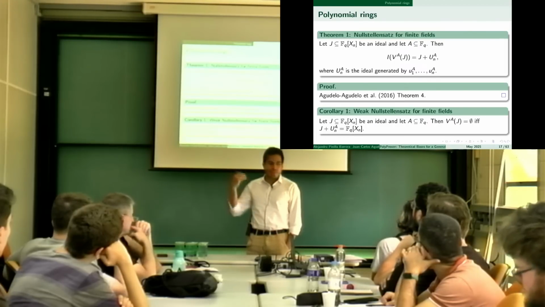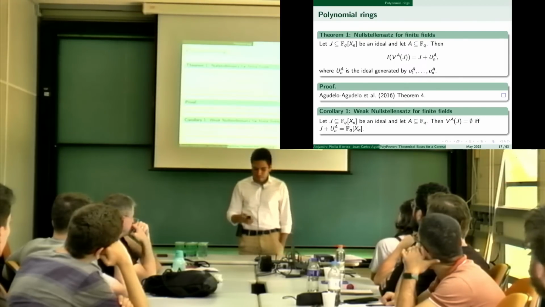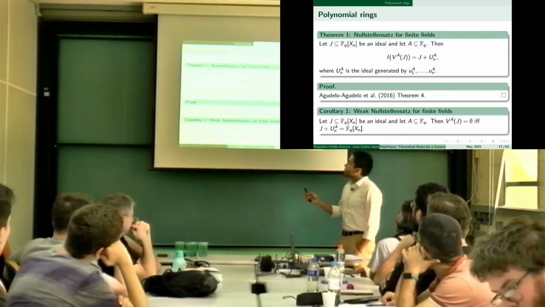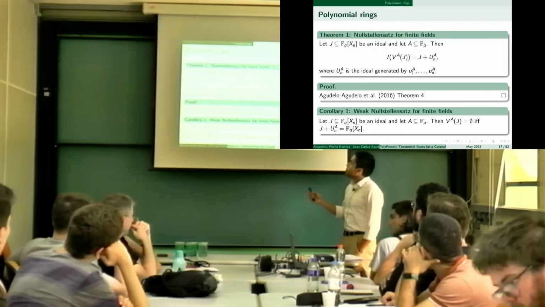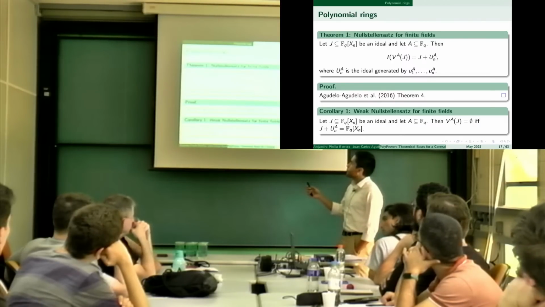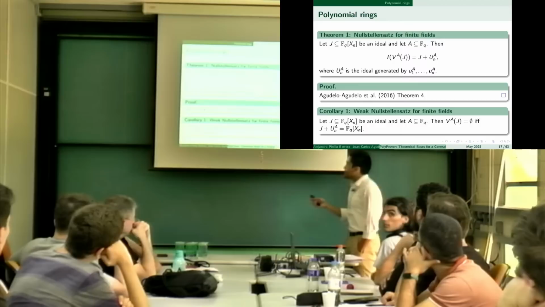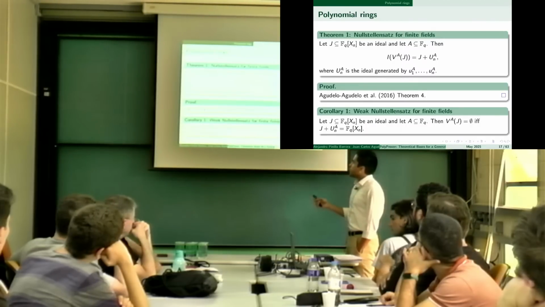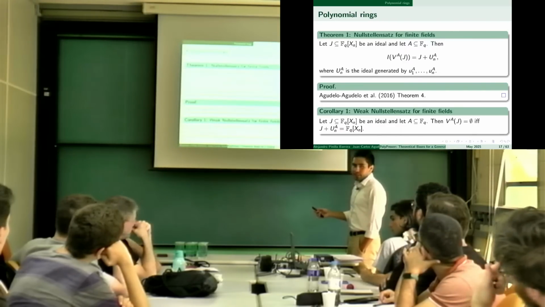However, with this theorem, we are not worried about that because we just have to find the smallest field that includes all the sets of possible truth values. Okay, that's why this theorem is really important. Okay, and there is a weak version which is called the weak Nullstellensatz for finite fields, and basically if the variety is empty, then the ideal is the whole ring of polynomials, right?